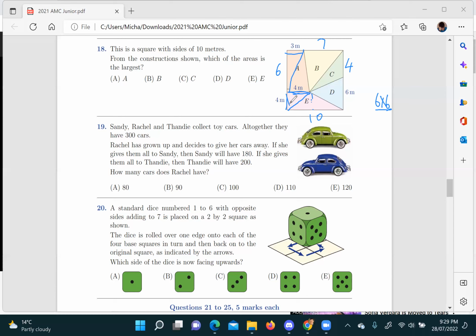Wait, the area of E should be huge. What is the area of E? So the area of E is 10 plus 4 times 4 on 2, yeah? Plus 2. So it's 14 times 2.